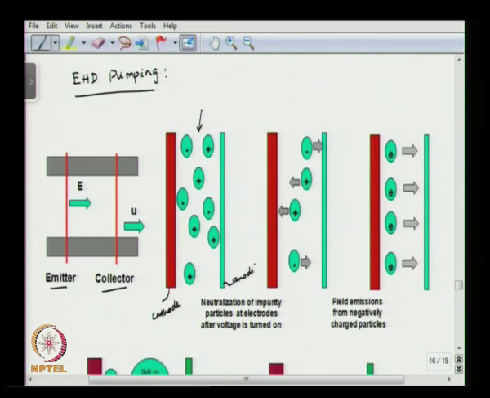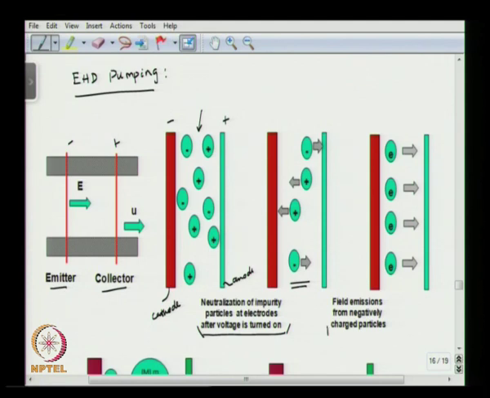The positive ions will migrate towards the cathode and negative charges will migrate towards the anode, and they will get electrically neutralized. So, this happens when the voltage is turned on and is relatively low: charge neutralization of the impurities present in the liquid will happen.